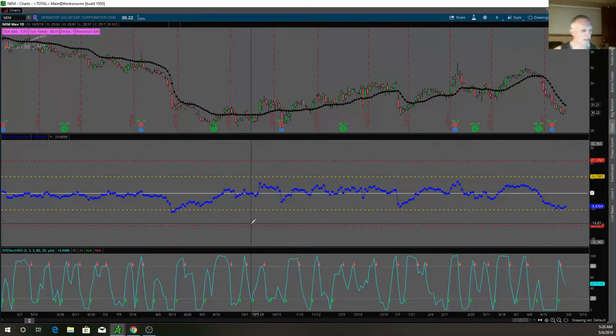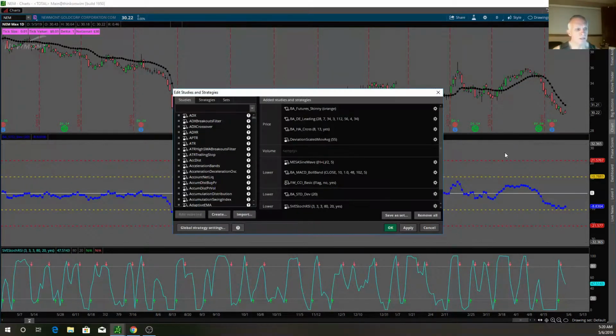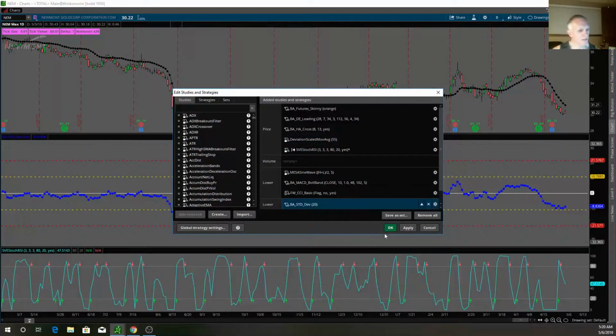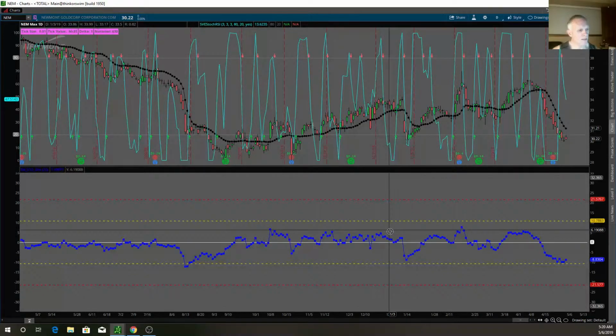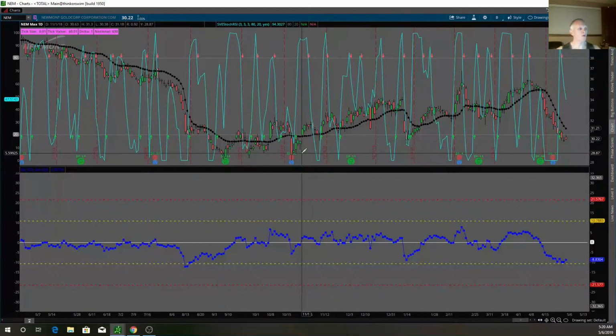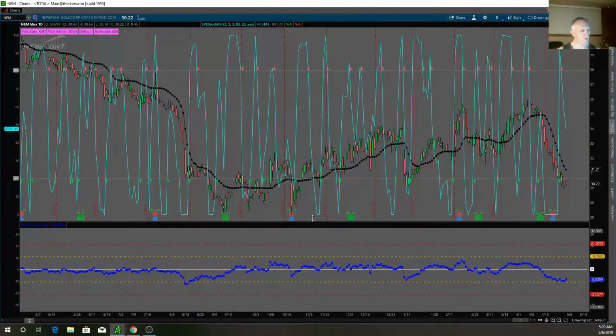You can do that. If you prefer to, if you need the screen space, you can always move this up on top of your chart price so you can see that, and that gives you a lot more screen space there.